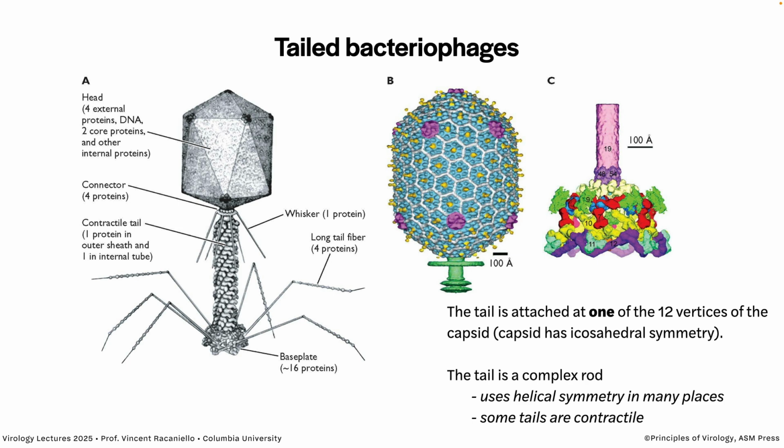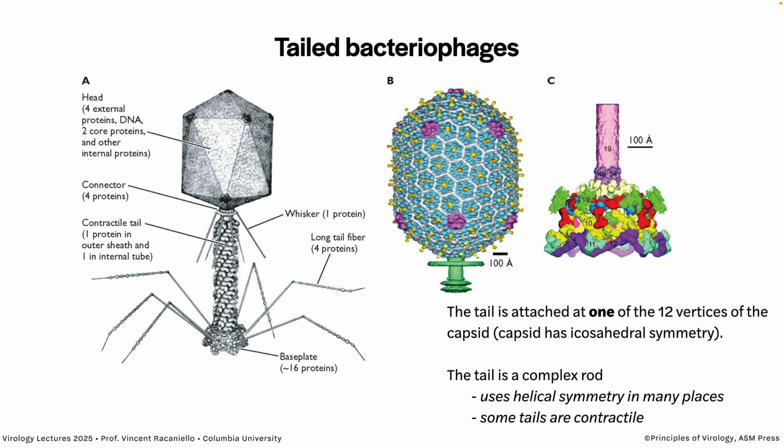And then at the bottom is a base plate. And the idea is that the DNA, of course, is stored in the icosahedral head. And when this virus attaches to the correct cell, the DNA comes out of the head through the tail and into the cell. And sometimes that's accompanied by a contraction of the tail, but not always.